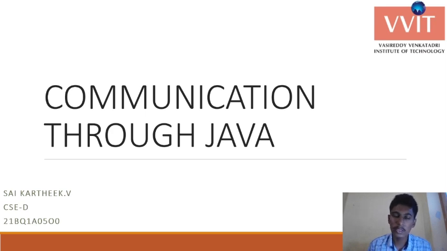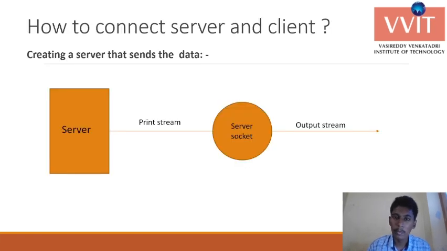I'm from CSC branch. Today, let us discuss communication via Java, in which server and client are participating in communication between them. In order to connect server and client, there should be an endpoint for the server and also an endpoint for the client, which are both connected.